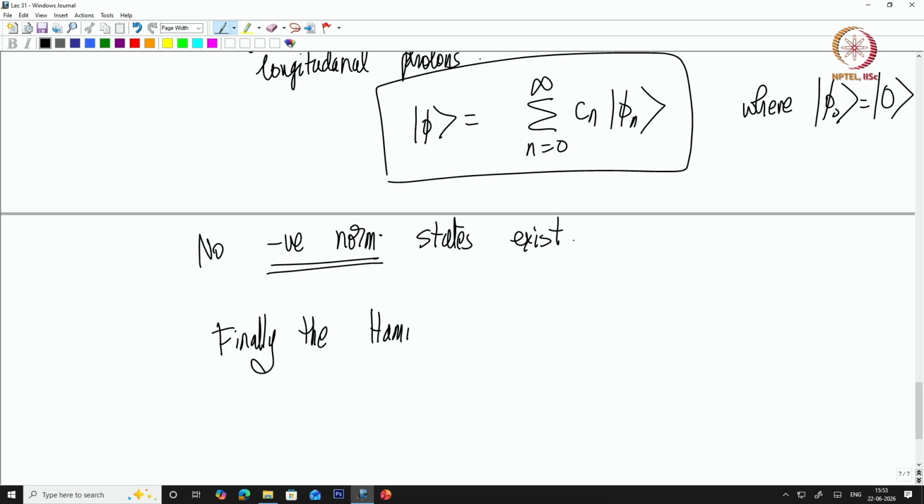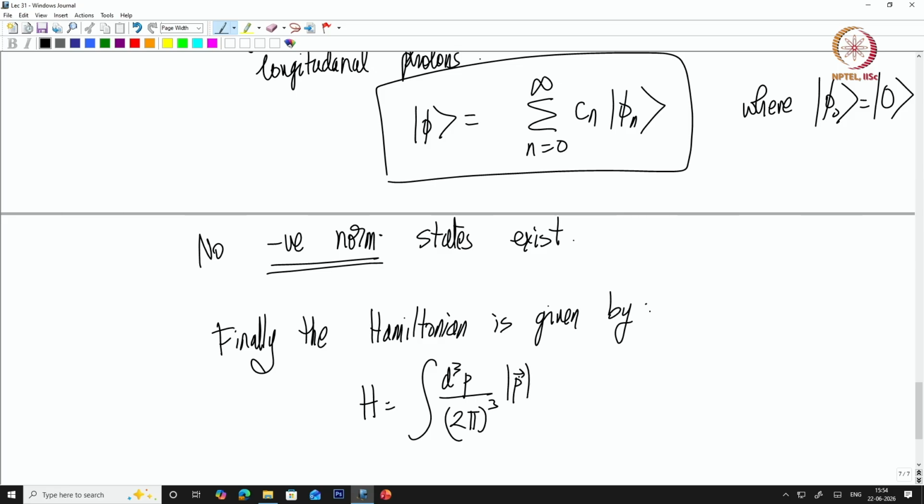Finally, the Hamiltonian density. Let us write the Hamiltonian, given by H is equal to the sum over i equal to 1 to 3 of a_p^i dagger a_p^i, and a_p dagger a_p for the 0 part with a negative sign essentially.